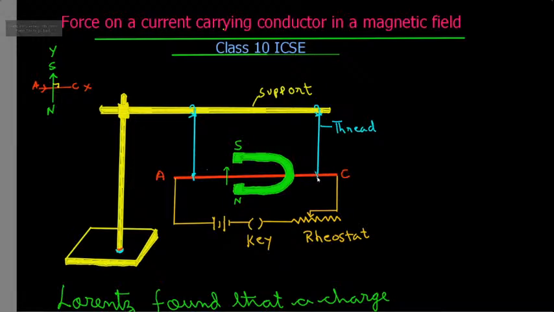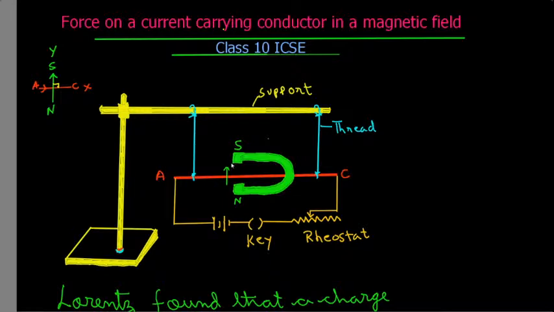You can see that this blue colored thread, I have tied the two ends with a thread, and now I have tied this thread to the support of the stand.